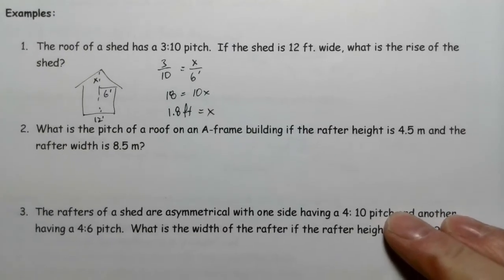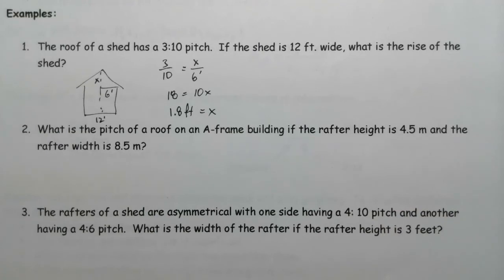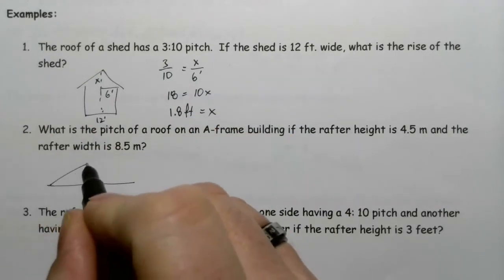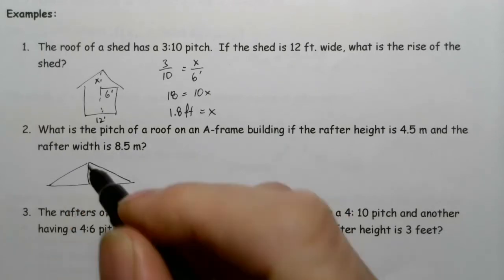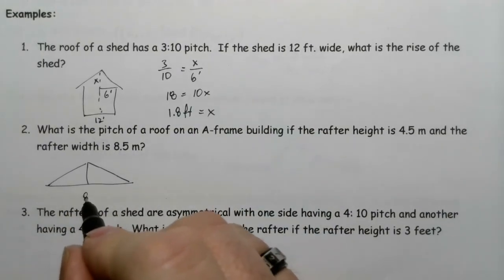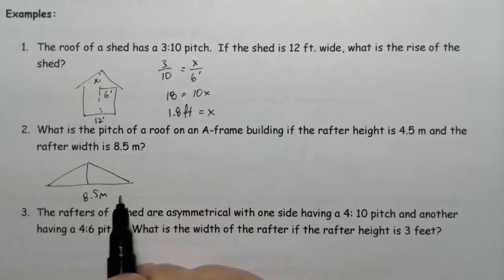Okay, let's take a look at this other one here. What is the pitch of a roof on an A-frame building if the rafter height is 4.5 meters and the rafter width is 8.5 meters? So again, the issue here is we're trying to get you to think this one through. If the width is 8.5 meters, well, that's all the way across here.